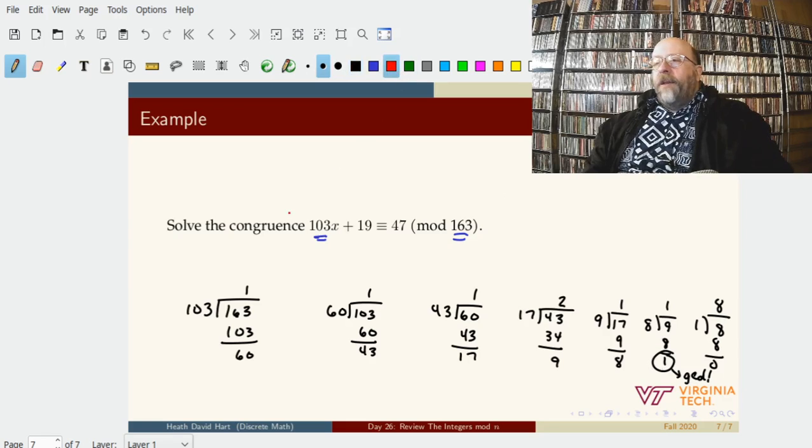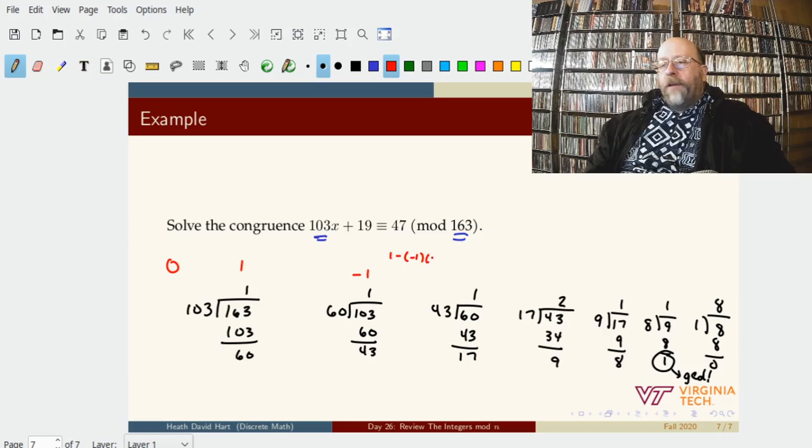Now we'll do the extended part of the Euclidean algorithm. We start with a 0 and a 1. 0 minus this product is a negative 1. Then 1 minus this product, 1 minus negative 1 times 1 is 2. And now we'll take negative 1 minus this product. Negative 1 minus 2 times 1 is negative 1 minus 2, which is negative 3.